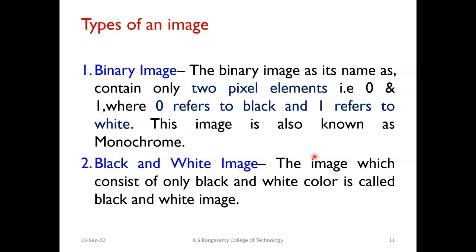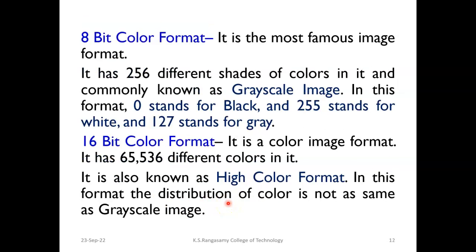Then the second type is the black and white image. Here the image consists of only black and white colors, so it is called a black and white image. Next, the third type is the 8-bit color format. It is the most famous image format.